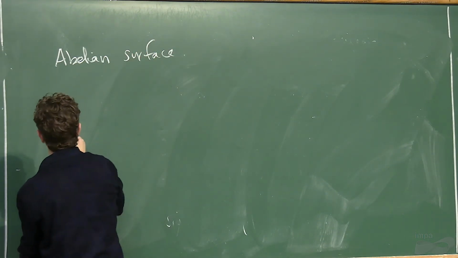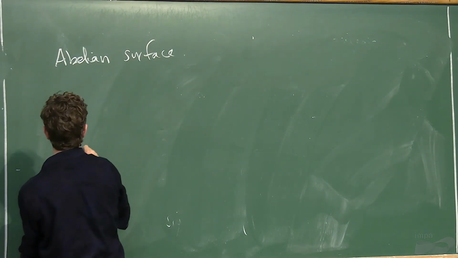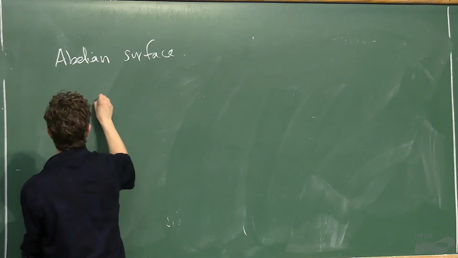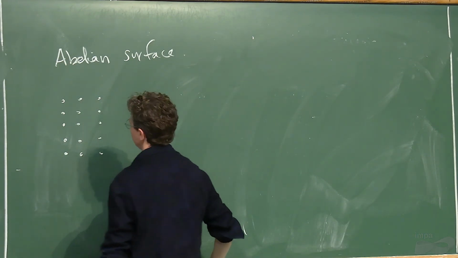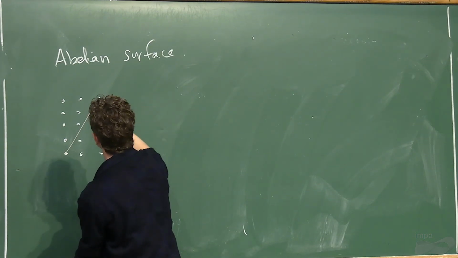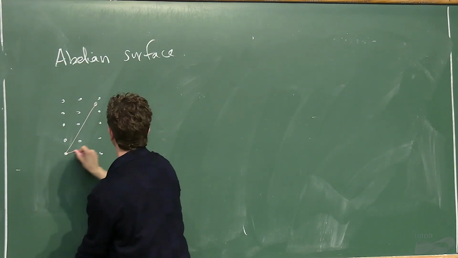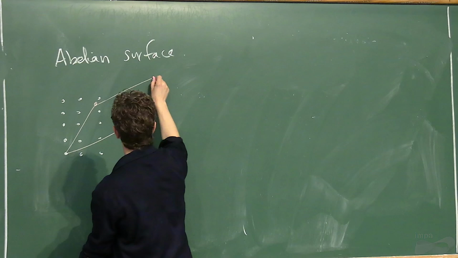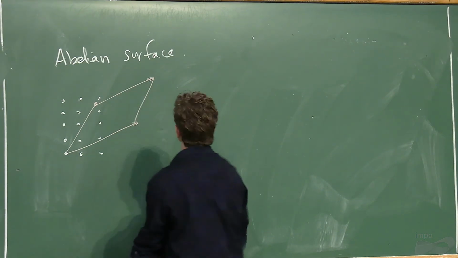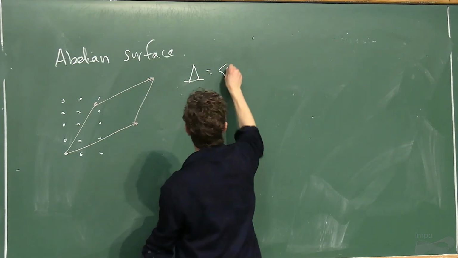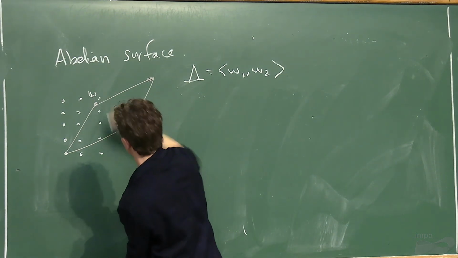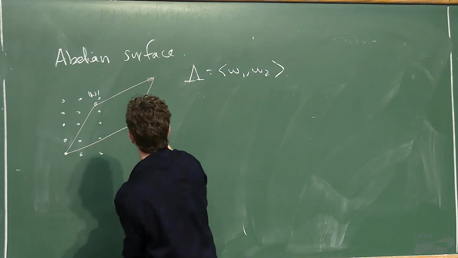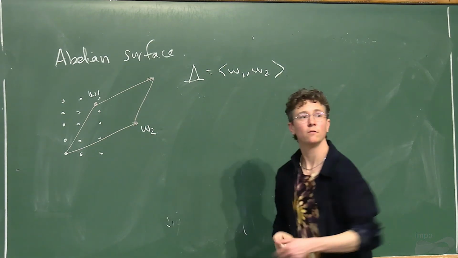So in the abelian surface case, we're quotienting R2, and there's the honest integer lattice in R2. And then to get an abelian surface, we want to quotient by some other lattice. So our lattice that we quotient by is maybe generated by some W1, W2. Okay?